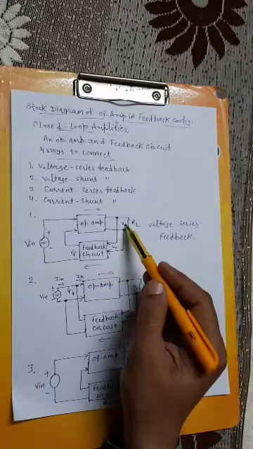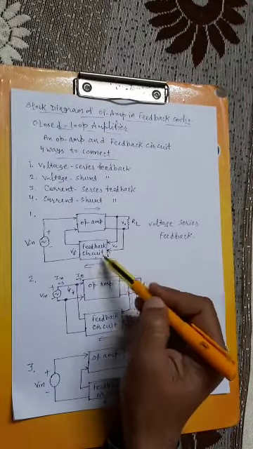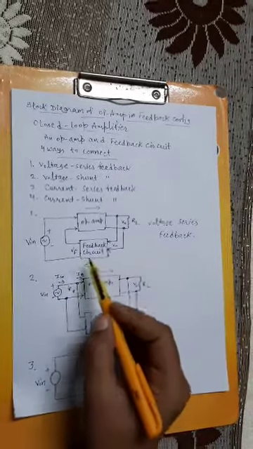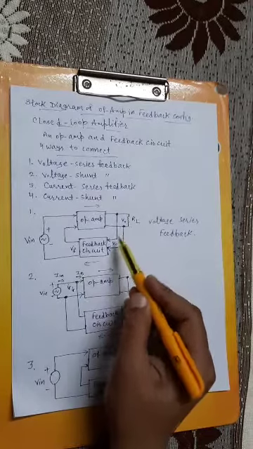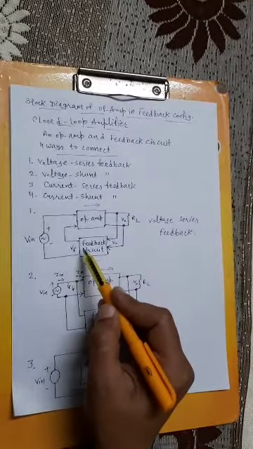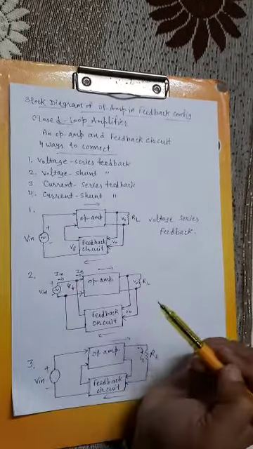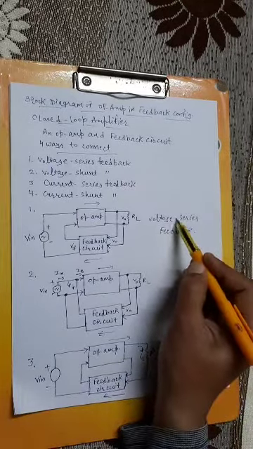So here V naught is applied to the feedback circuit. And by the feedback circuit some partial part of this output voltage as Vf will be applied to the input side. This is the voltage series feedback.